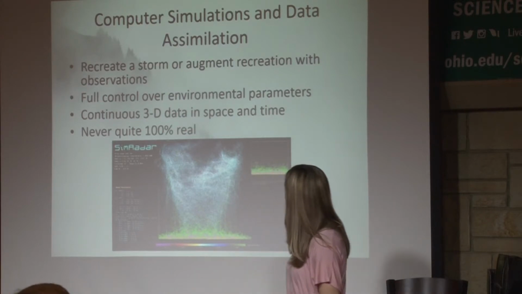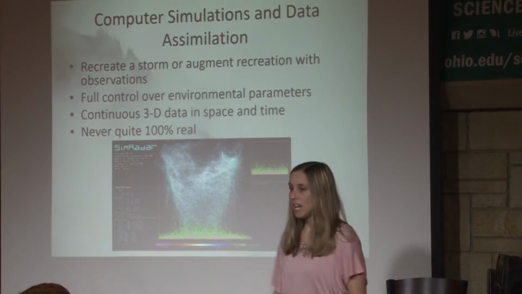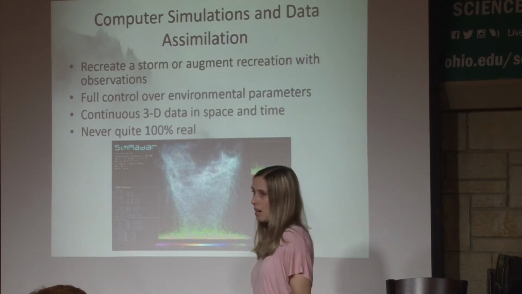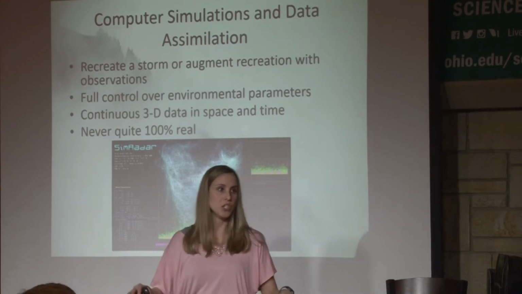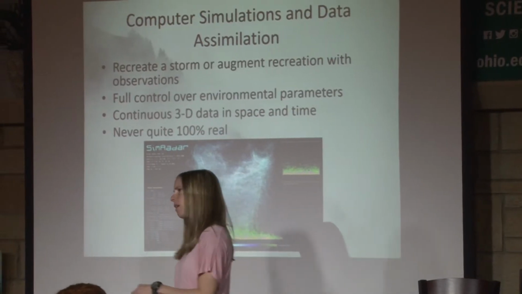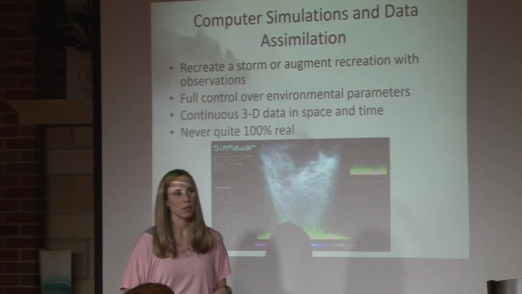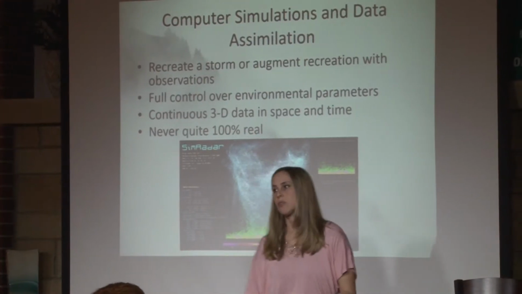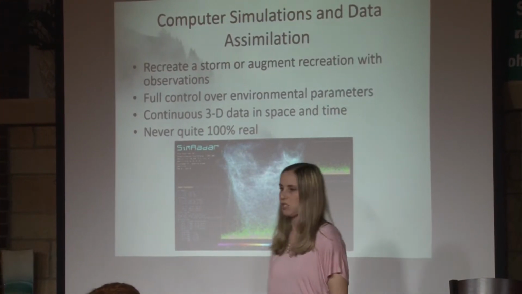And the good thing about computer simulations is that as the user, you have complete control. You are essentially playing God when you're using these computer models, and you can tweak parameters as you want. You can say, all right, I'm going to jack up the instability a little bit and see what happens. I'm going to change the wind shear profile a little bit, see how that changes the storm structure, see how that changes the precipitation distribution.